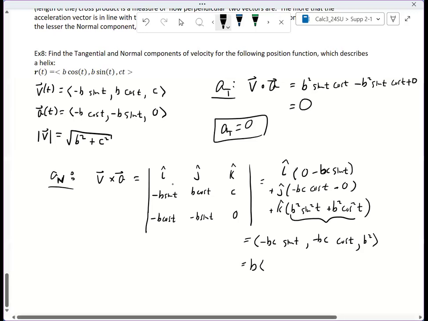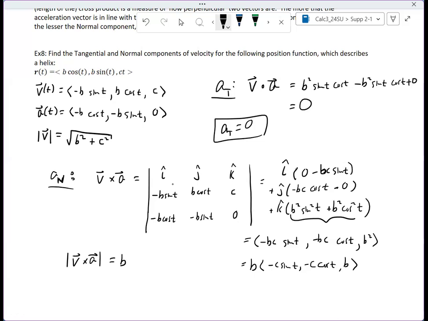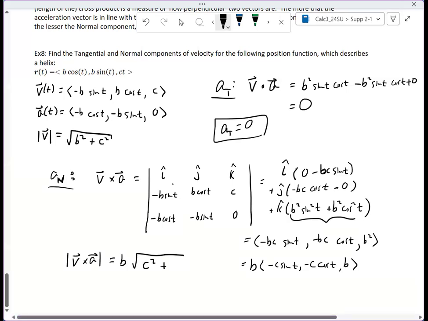I could actually factor out a b. And I see now that length v cross a is going to be b, and let's suppose that b is positive. It's going to be b times the length of this vector, but that's going to be the square root of c squared sine squared t plus c squared cos squared t, or just c squared, and then plus b squared from that third component.